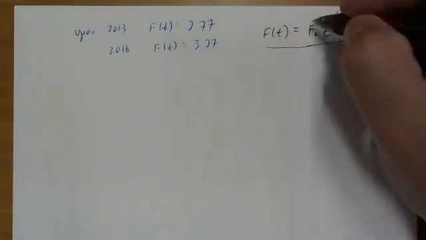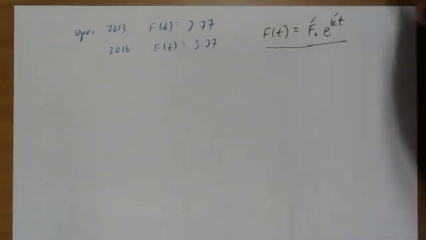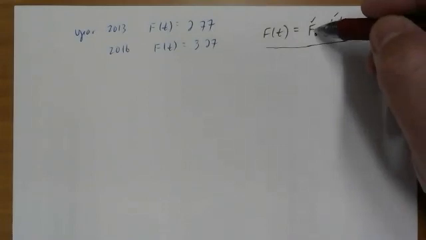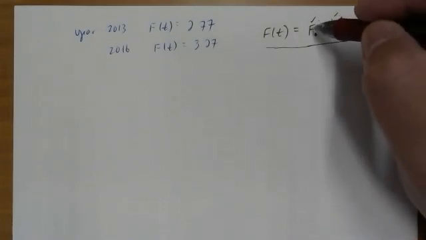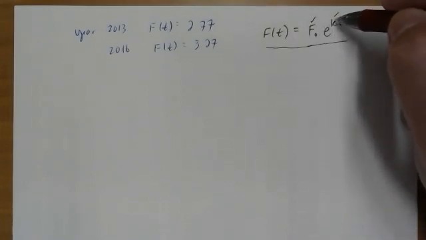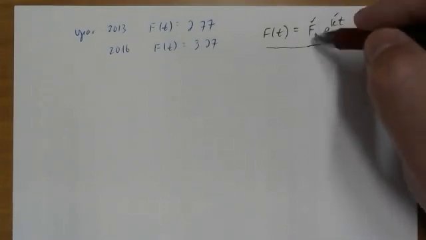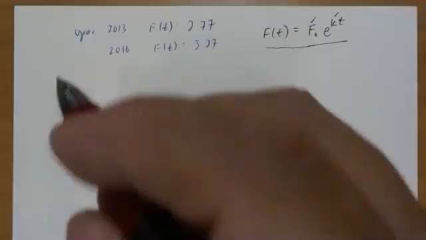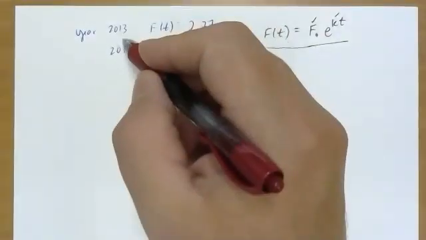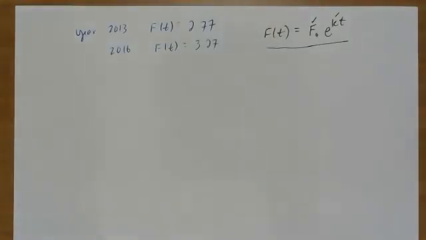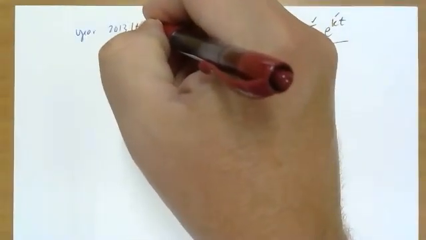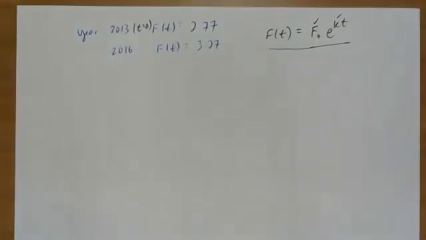So with these kind of functions, like I said earlier, you always have to find 2 things. These are constants. I got to figure out the number for f naught and the number for k. Well, f naught's pretty easy. This is the initial value. And they said to consider 2013 as year 0.